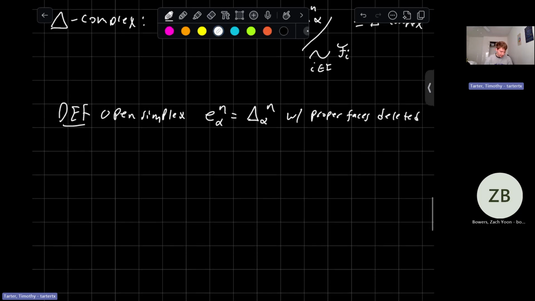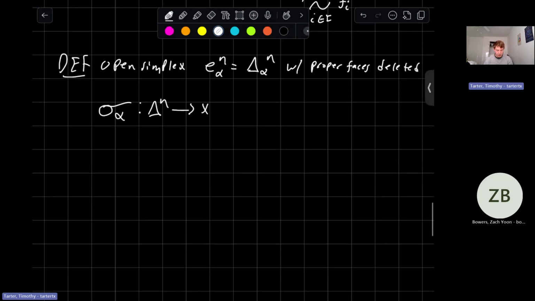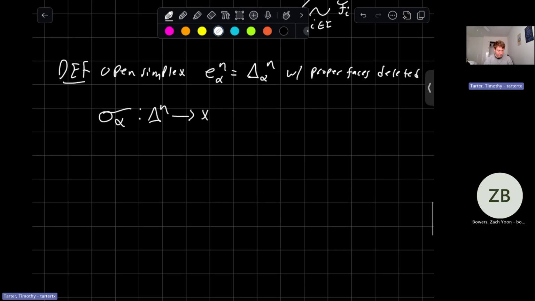Okay, it comes equipped with a canonical map, sigma alpha, from Delta n to X, restricting to a homeomorphism from the interior of Delta n onto E alpha n.